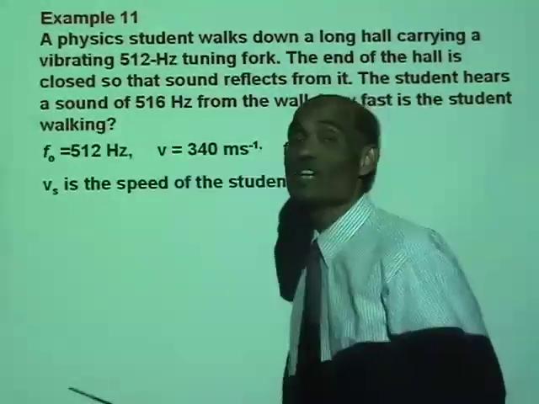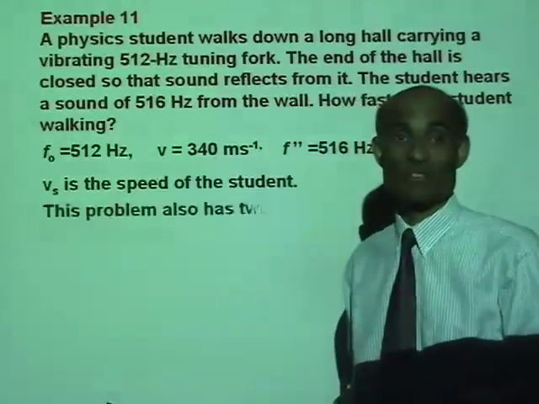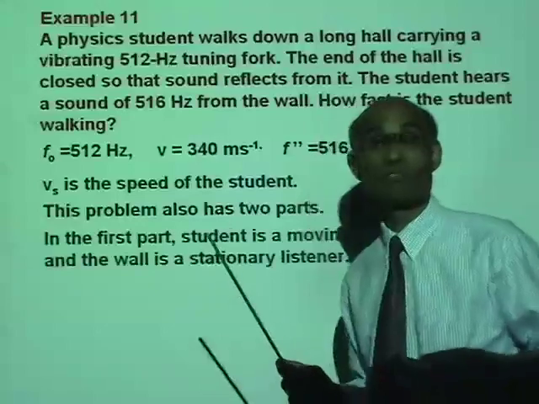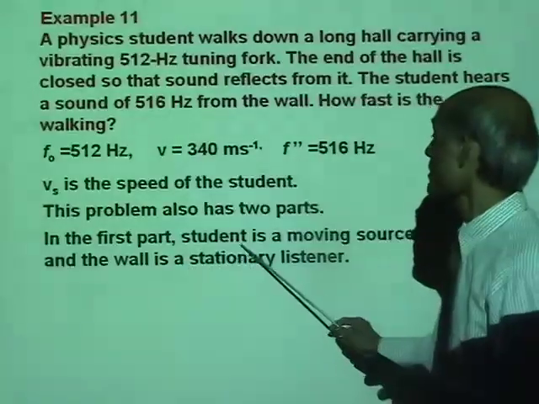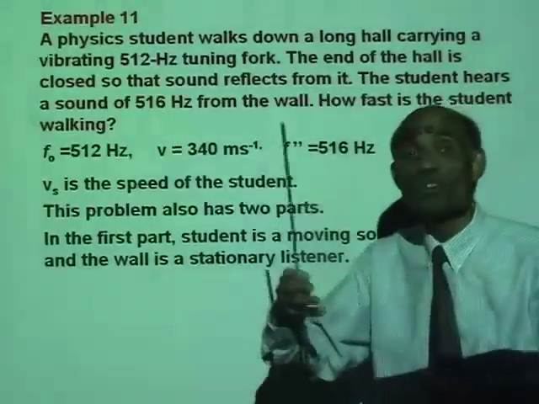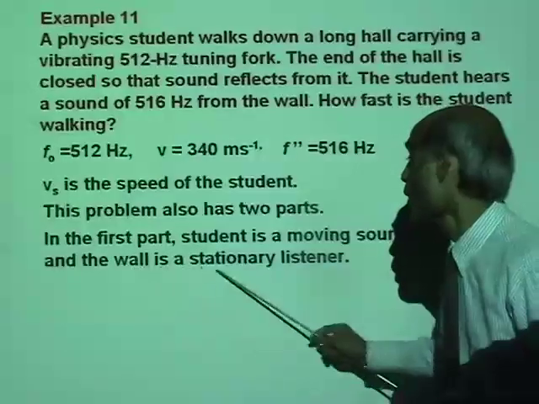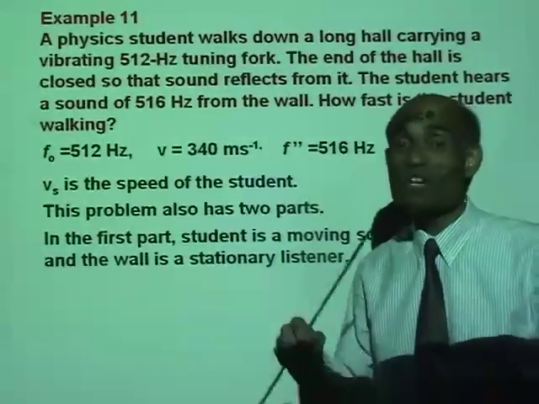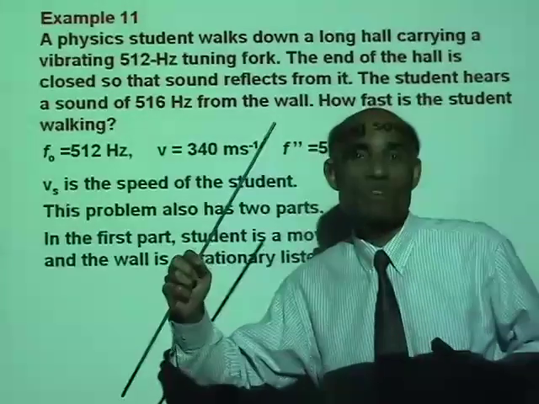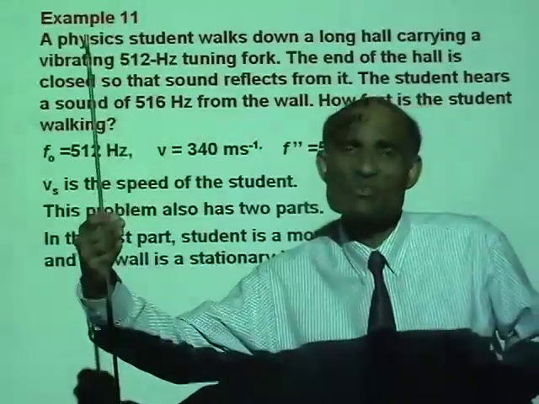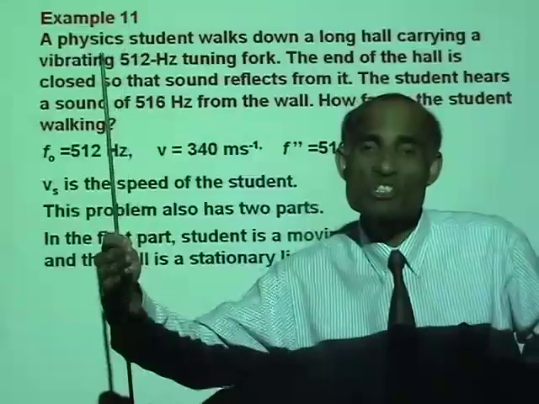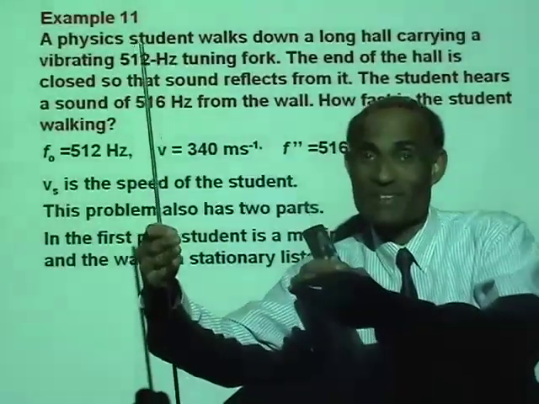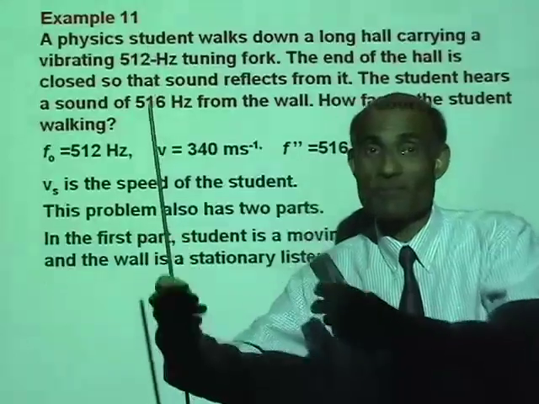Vs is the speed of the student. So here again, this problem has two parts. What is the first part? In the first part, the student is a moving source and the wall is the stationary listener. Now, what is the equation for the frequency as is received by a stationary listener when the source moves towards it? Can you recall that formula?